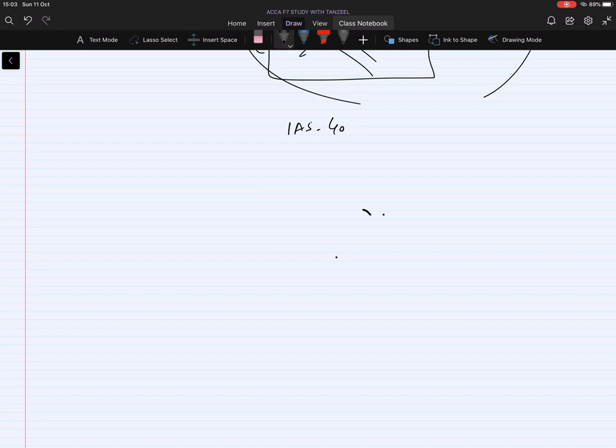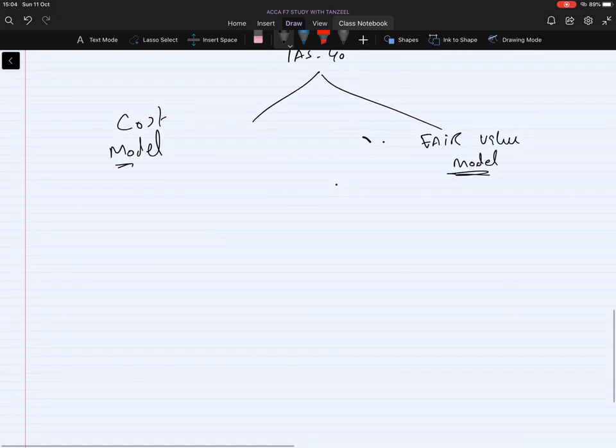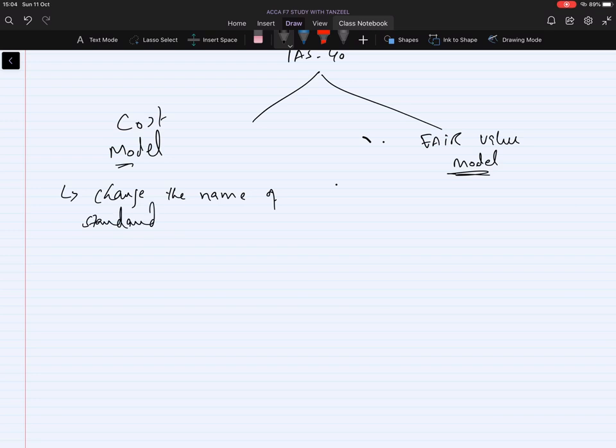IAS 40 has two models: one is the cost model and one is the fair value model. If it is the cost model, then you just need to change the name. The accounting treatment is the same.